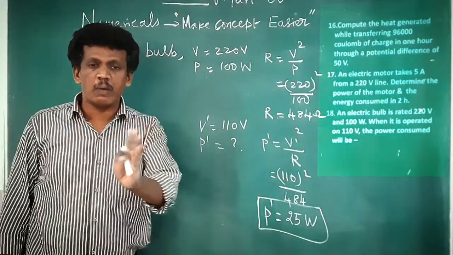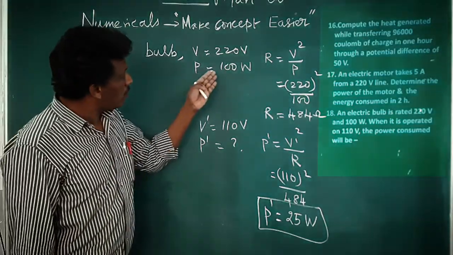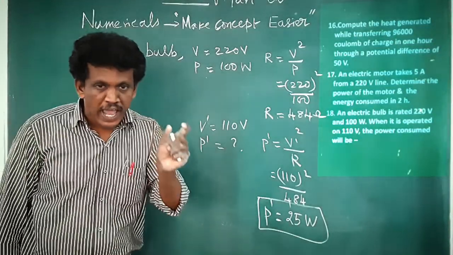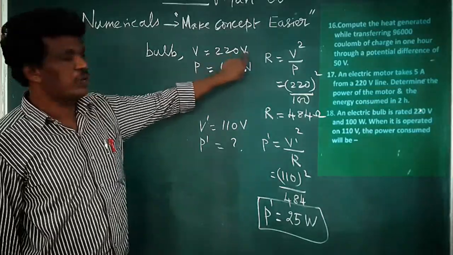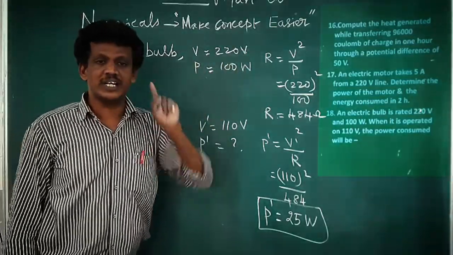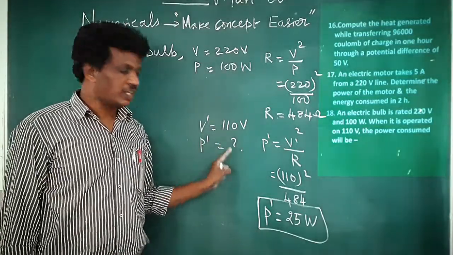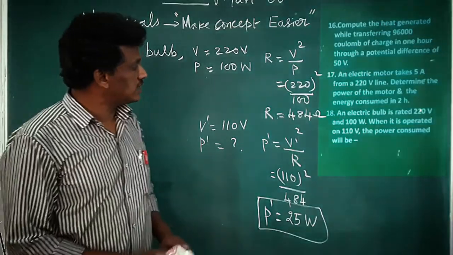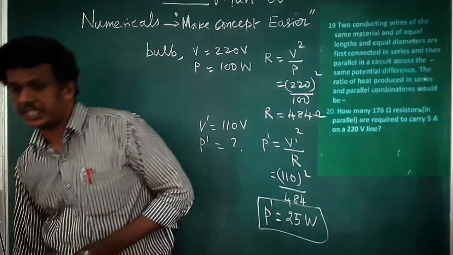So you cannot complain to the shopkeeper or manufacturer, because the problem is with the operating voltage. When it was manufactured, it said that at an operating voltage of 220 volt the power will be 100 watt. But when you reduce the voltage, automatically the power of the bulb is reduced. So that is the concept. Question number 18 is completed.